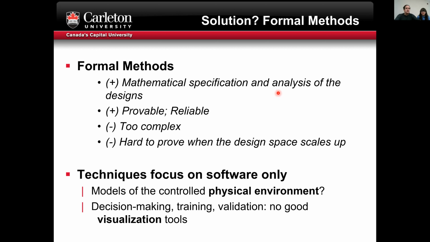The good thing about these formal methods is that they are provable, so you can find correct systems. They are reliable. The problem is that in many cases they are too complex. You have an explosion of states when the design space scales up, and so when building really complex real-time embedded applications with physical components, the proofs are hard to achieve, and you end up building only small parts of the application with a formal method. Another issue of many of these techniques is that they are focused on software.